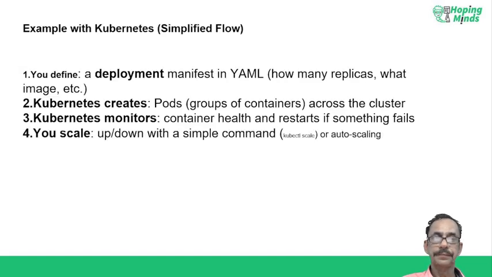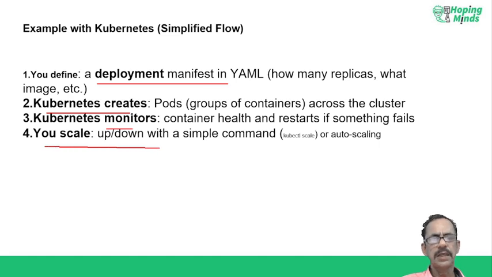Okay. For example, for Kubernetes you can take a simplified flow. First deployment. Kubernetes creates and monitors, and scales up and down. This is the practical process that I will show you, so it does not need to be explained here.